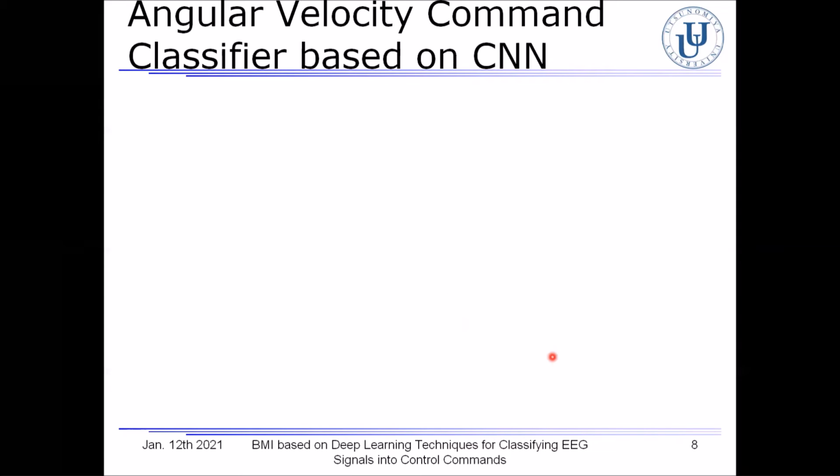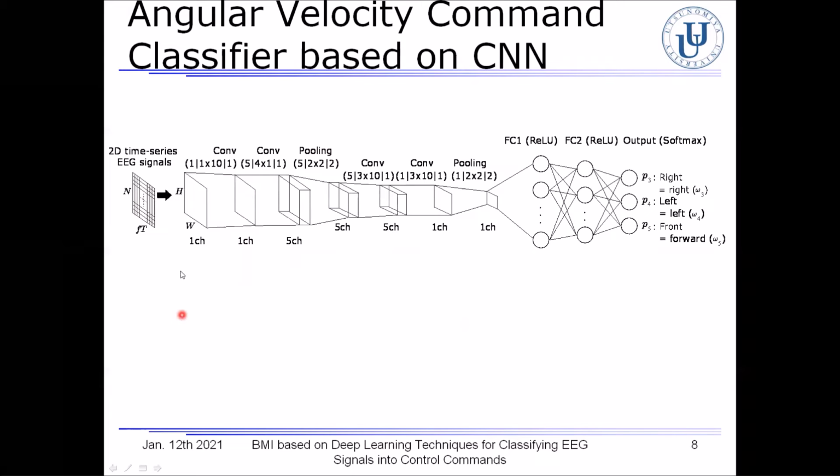The two-dimensional time series EEG signals are then fed as inputs to the angular velocity command classifier. First off, the input format of n times f t is represented by the h times w times one channel data.